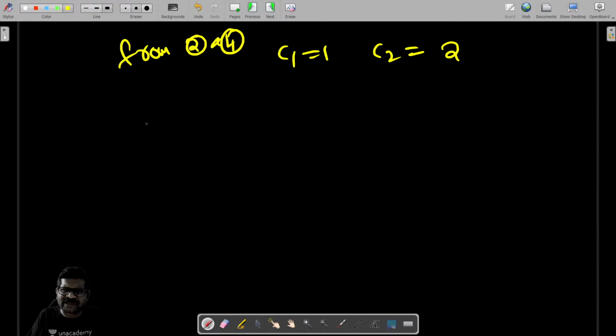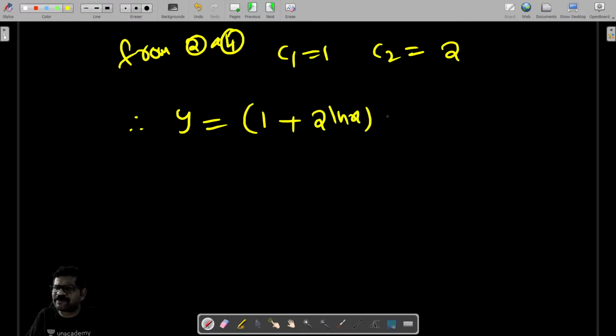Therefore the solution is y is equal to 1 plus 2 log x into x power minus 2.